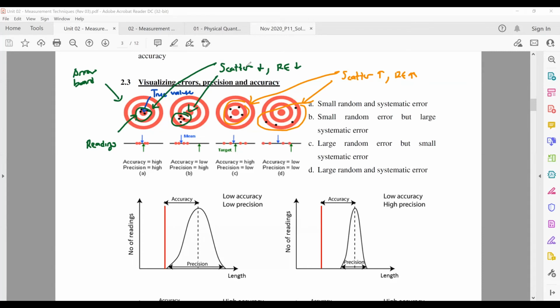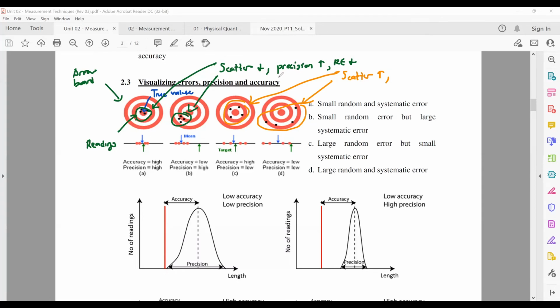Let me just try to say it all in one shot. If you look at the first and second board, you see that the readings are very close to each other. You can say that the precision is high, the random error is small.